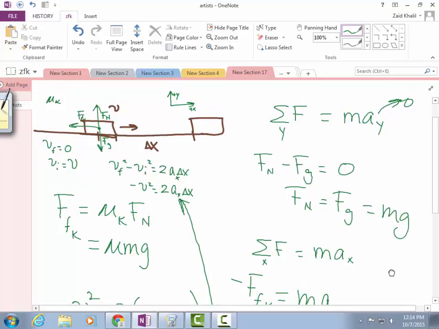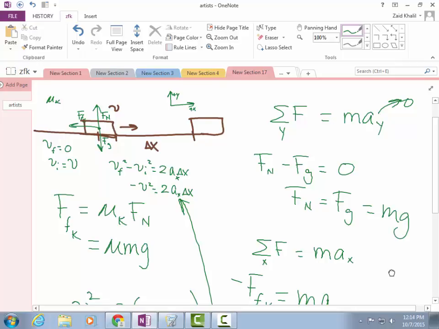From the vertical direction, we get that Fn equals Fg equals mg, because Fg is the weight, and weight is mg. So the normal force is mg. But the force of kinetic friction, we established earlier, is proportional to the normal force. It's proportional to the force that the ground exerts on this block.